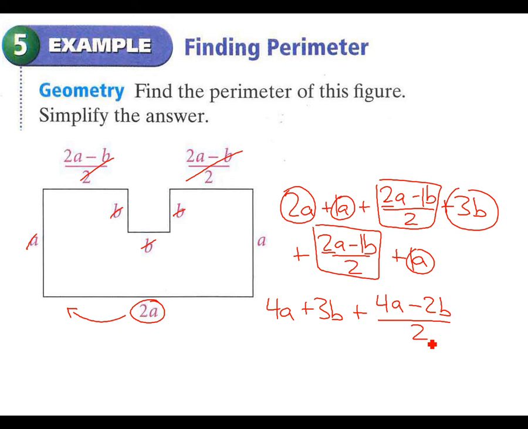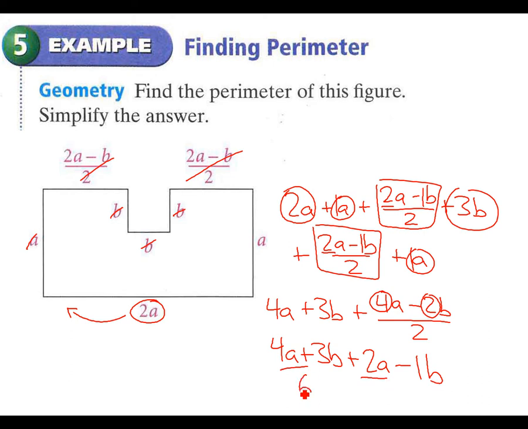And we got to simplify one more step. We can divide here. So it's 4a plus 3b, those are just normal, plus, what's 4 divided by 2? Should get 2a. Minus, what's 2 divided by 2? 1b.